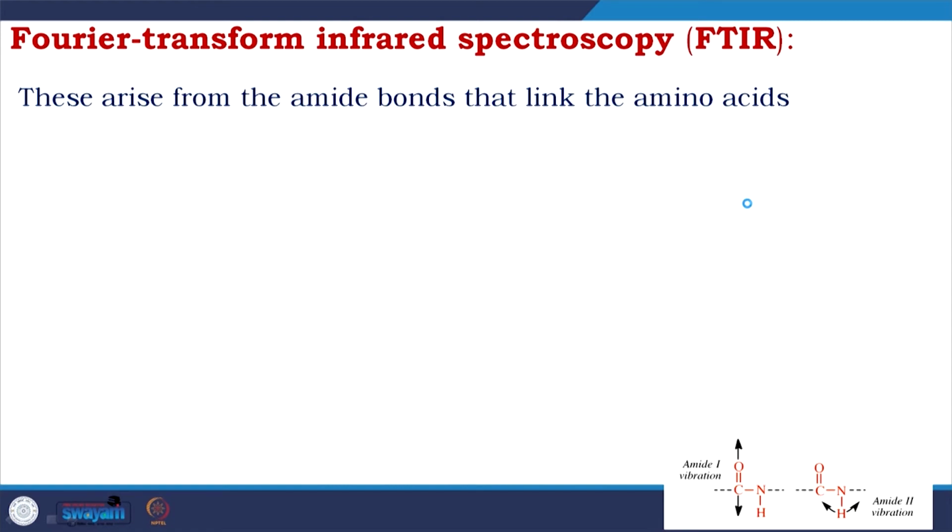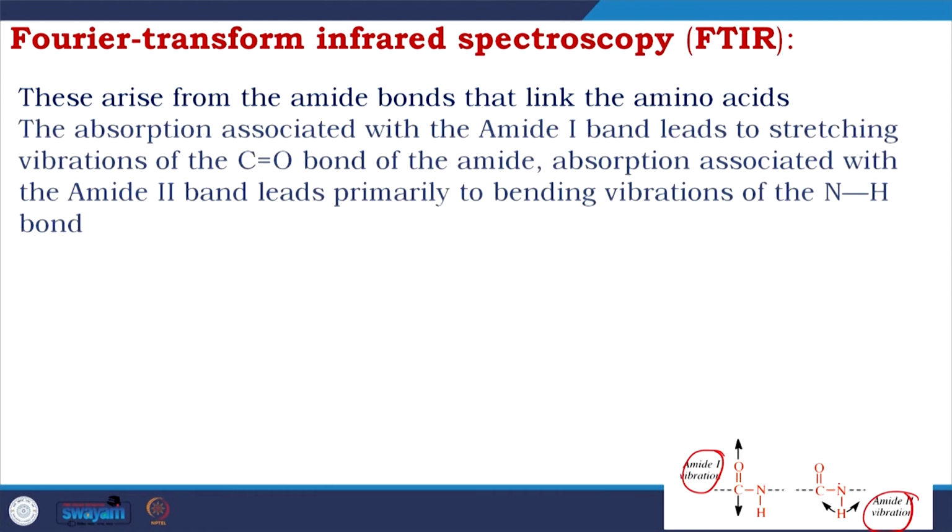If you see here, amide 1 vibration and amide 2 vibration, these are the cause of development of amide 1 and amide 2 IR band. The absorption associated with the amide 1 band leads to stretching vibration of the carbonyl bond of the amide.